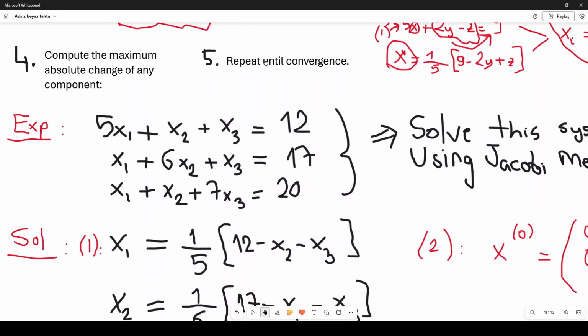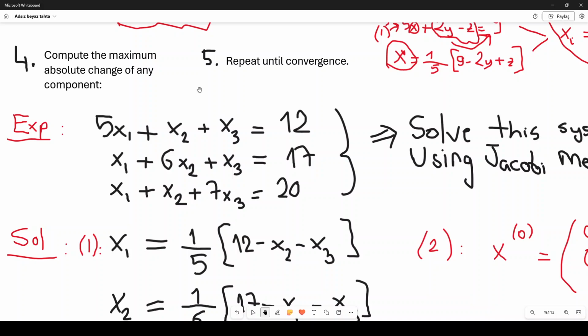And then for the fourth step, this is actually one of the most important steps. Now at any iteration in this computational procedure, we reach some newly obtained values, but there's an important point that we have not mentioned yet.